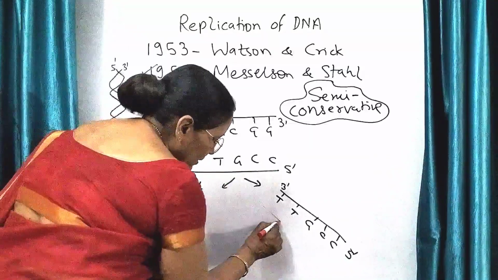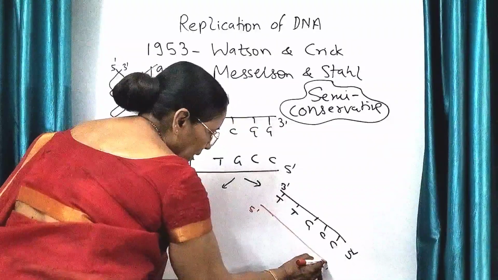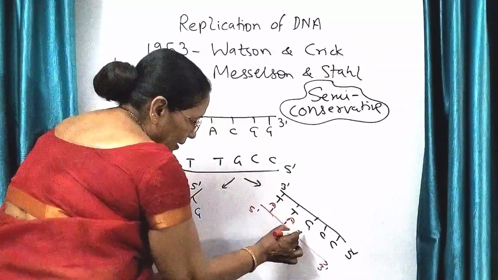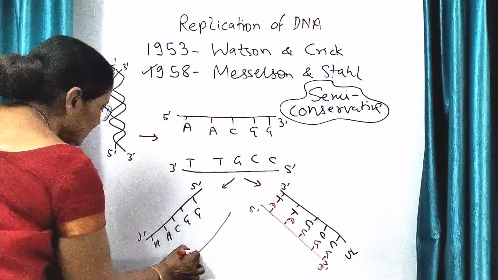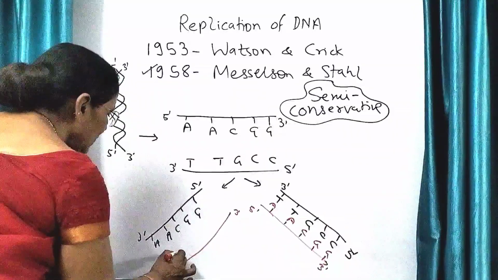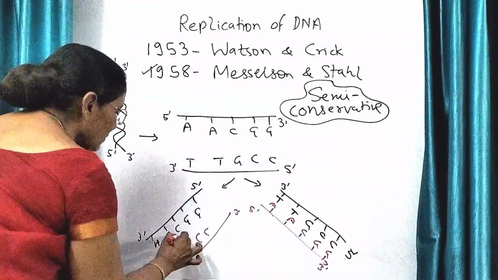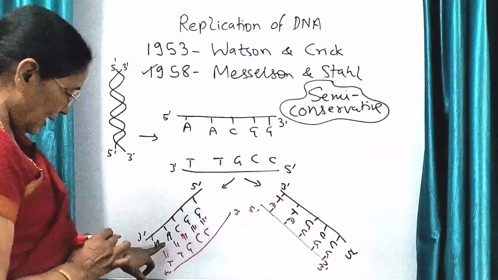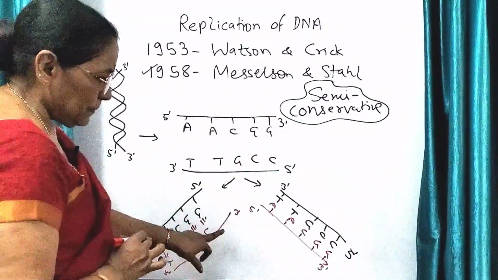Now both of them will form the new strand. When they form the new strand in this 5 to 3 direction, see what happens. This is A, C, G and G. This one is T, T, G, C and C. So, A, C, G, G, A, C, G, G, T, T, G, C, C, T, T, G, C, C. Same here.